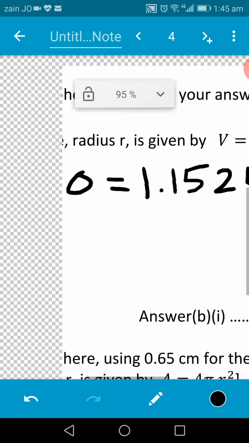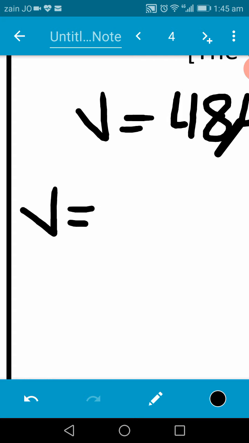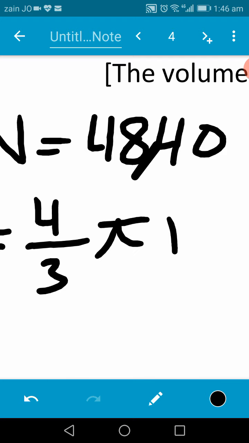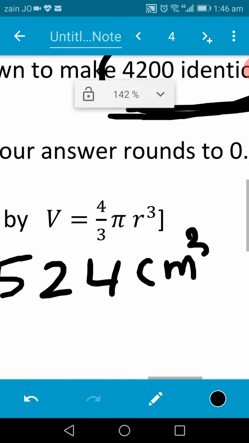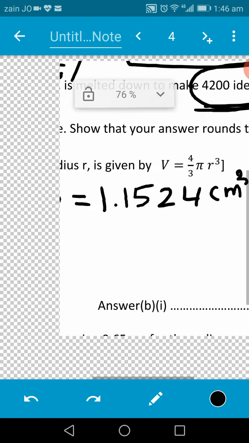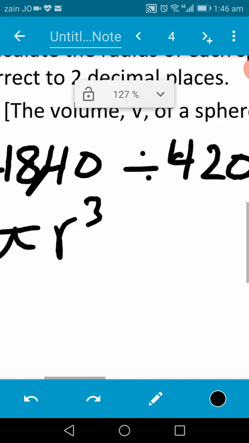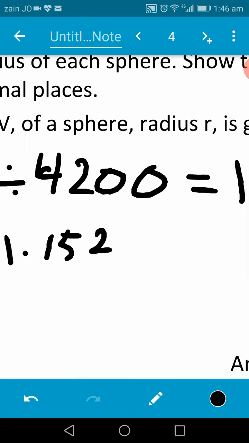Now the volume for one sphere is 4/3 pi r cube. This is the rule I wrote. The volume for one sphere, 1.1524, is equal to 4/3 pi r cube.